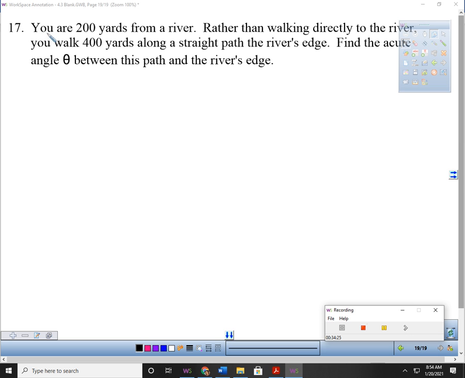All right, you are 200 yards from a river. So here's the river. I'm 200 yards away. I guess I'll draw me down here. Here I am. You walk 400 yards along a straight path to the river's edge.